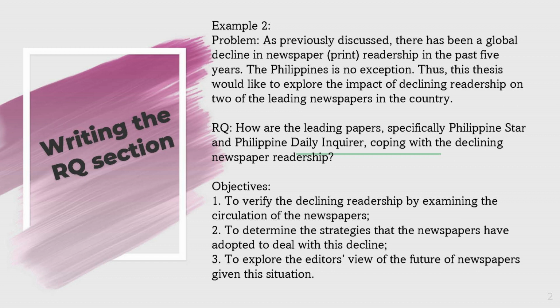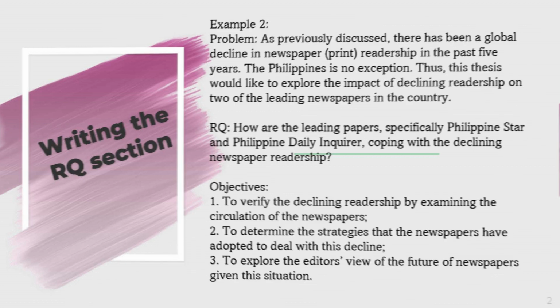Research question: how are the leading papers, specifically Philippine Star and Philippine Daily Inquirer, coping with the declining newspaper readership? Objectives: first, to verify the declining readership by examining the circulation of the newspapers. Second, to determine the strategies that newspapers have adopted to deal with this decline. Third, to explore the editors' view of the future of newspapers given this situation.